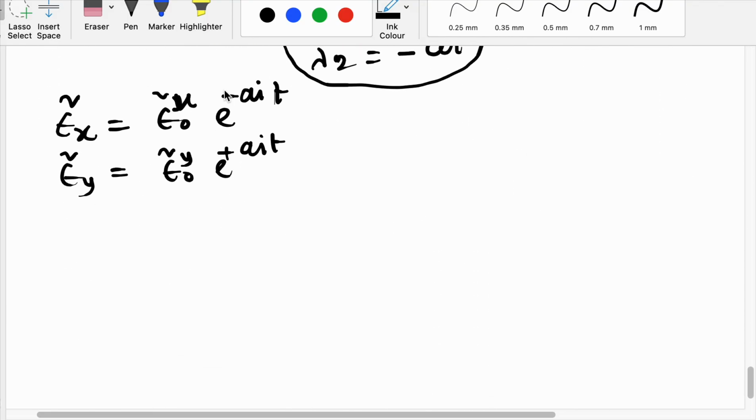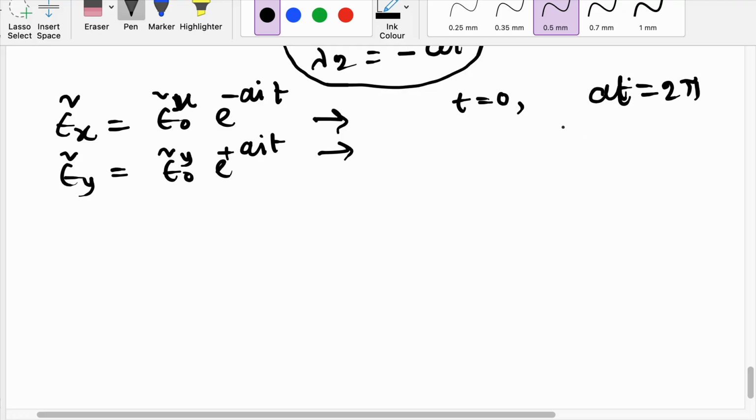Now why is it oscillating? Since these are periodic in nature, when ai t becomes 2 pi, it will again come to the same point.